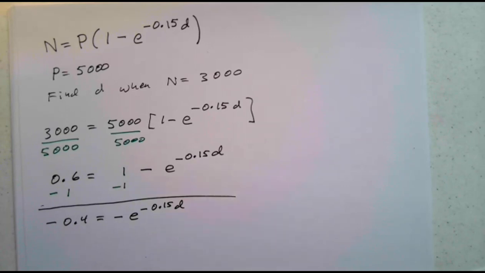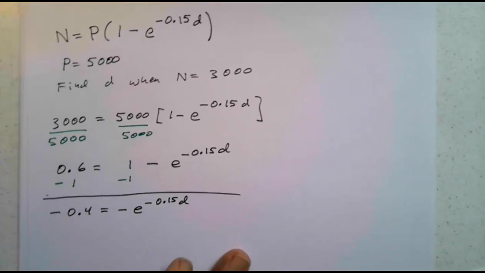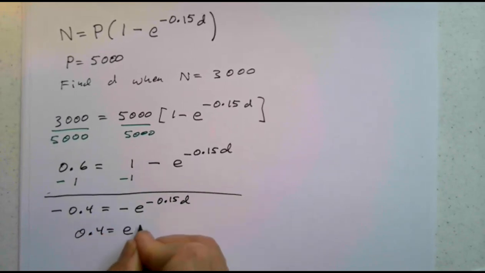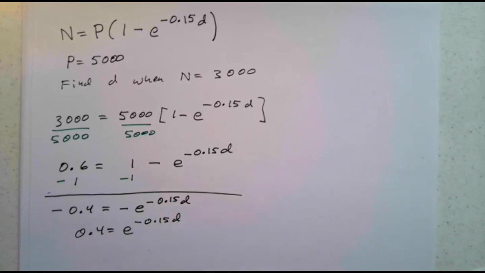That's what I should have said. Multiply both sides by negative 1 and we get 0.4 is e to the negative 0.15d.